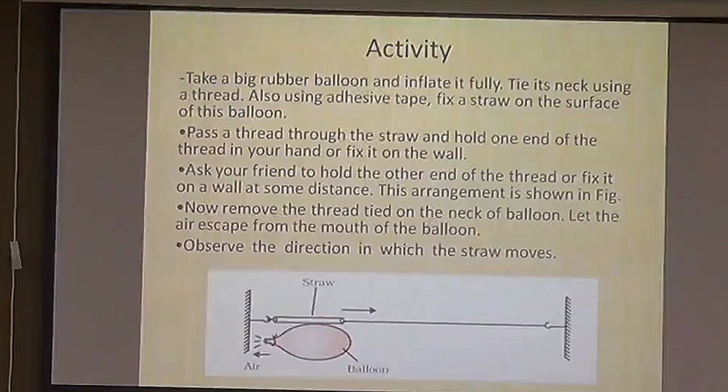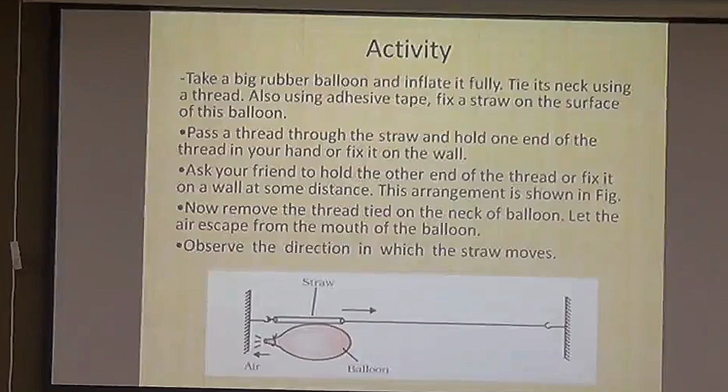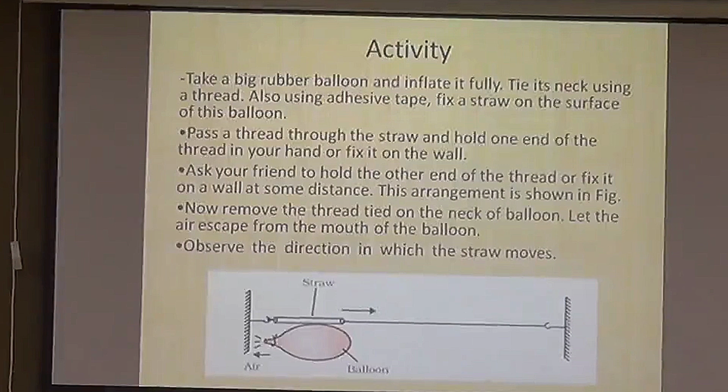Then we take a balloon and inflate it. Holding it tightly, we try to paste it on the straw. Now when we leave the balloon, the air will move to the left, which is action, and that air will push the balloon to the right due to reaction, and the balloon will move to the right.